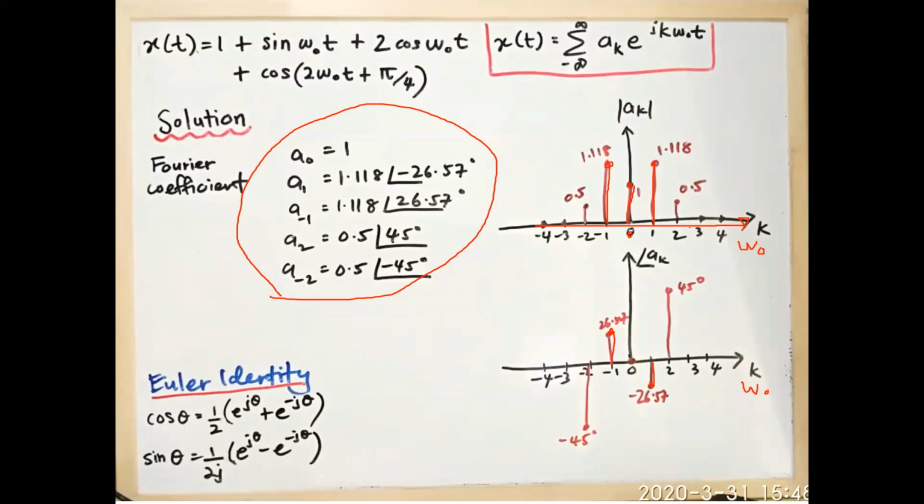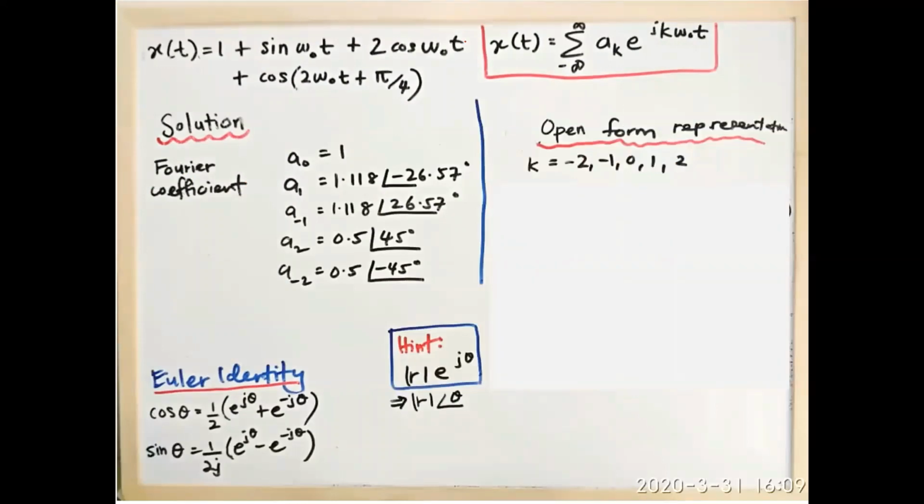And for A2, the amplitude is 0.5, the phase is 45 degrees. And lastly, for A minus 2, magnitude is 0.5 and the phase value is minus 45 degrees. So you have solved the first part, which is to plot the magnitude and phase spectrum for the Fourier coefficient.